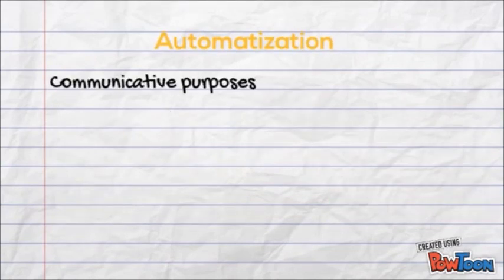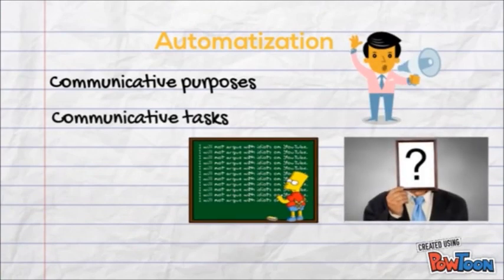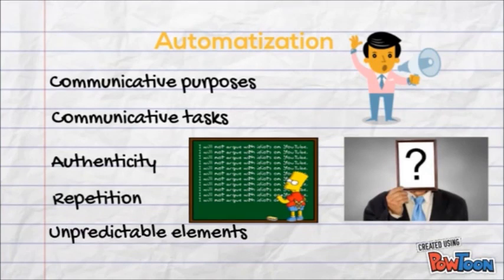Other factors in automatization are communicative purposes, communicative tasks, authenticity, repetition, and unpredictable elements. Communicative tasks, because you need to start being fluent in the second language. And repetition is a key element in order to be automatic in the second language.